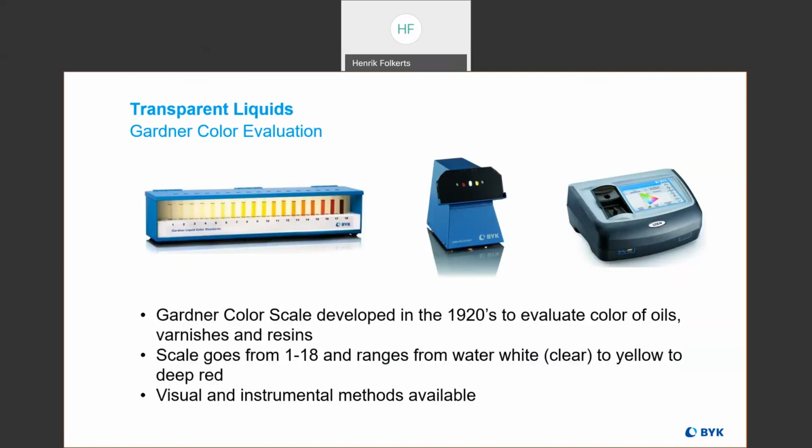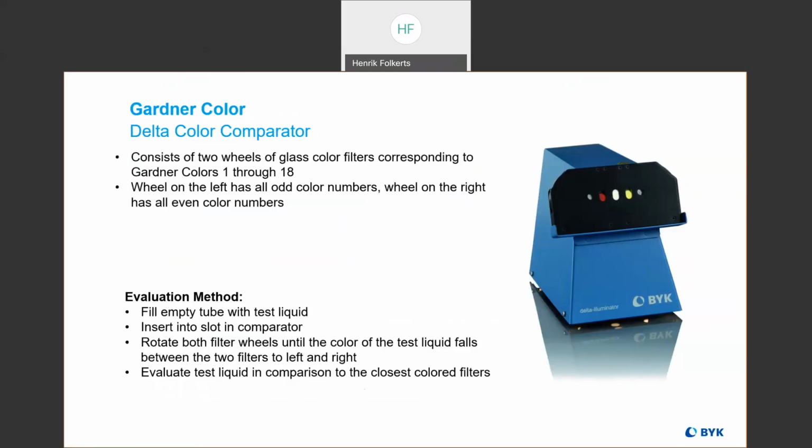There are slots above, in the middle, in between each standard tube, where you can put your test tube and evaluate it next to each of these colors until you get to the closest one. So two visual methods: the Gardner color liquid color standards and the delta color comparator, which uses glass filters.